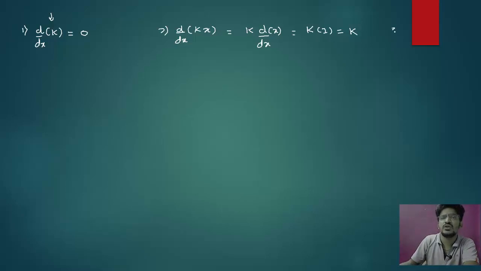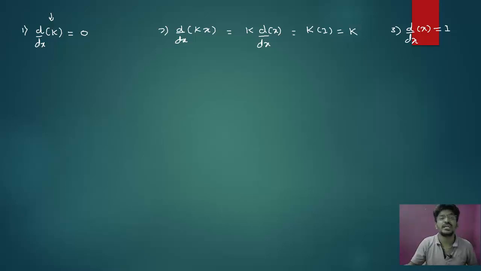That means here we got one more formula, that is differentiation of x is always equal to 1. So please remember this. Clear? Whenever you multiply k with x, you take k outside and differentiate x. The differentiation of x is 1, so it will be equal to k.